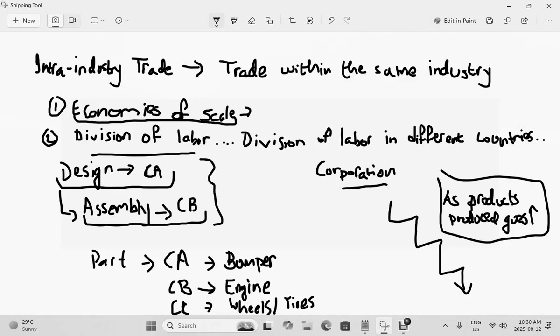As a result of which, the corporation will go ahead and make these investments in different countries. We've talked about division of labor.